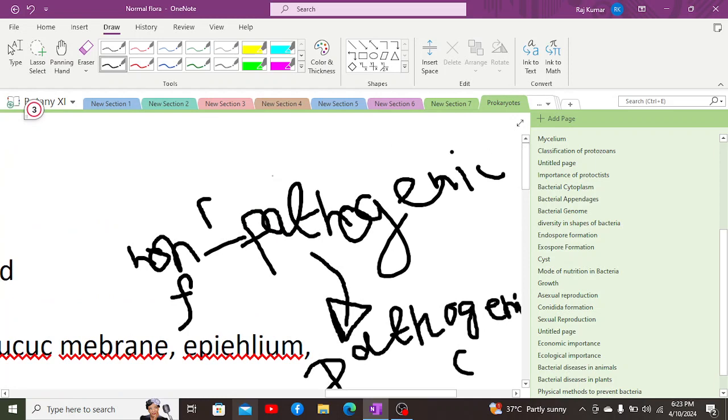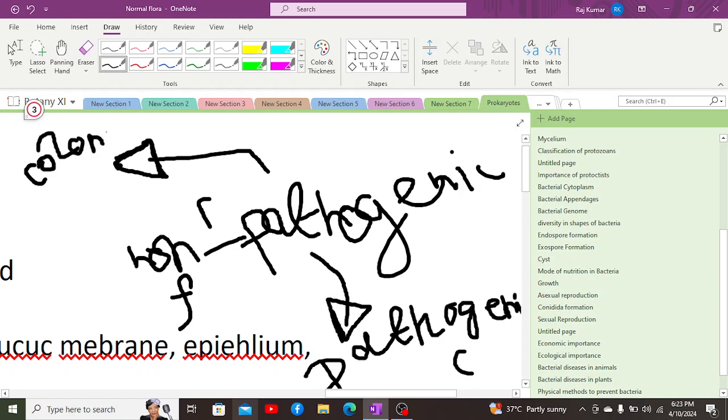And apart from that, our non-pathogenic bacteria or the normal flora of our body act as a resistance for colonization against pathogenic bacteria. These bacteria are considered colonization resistance bacteria.